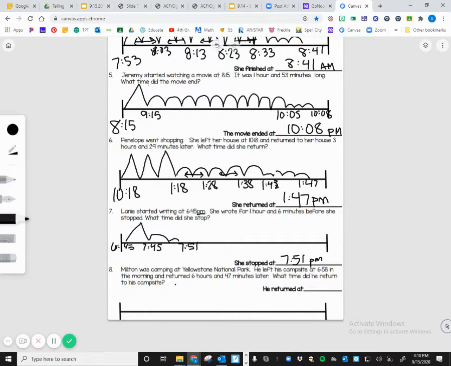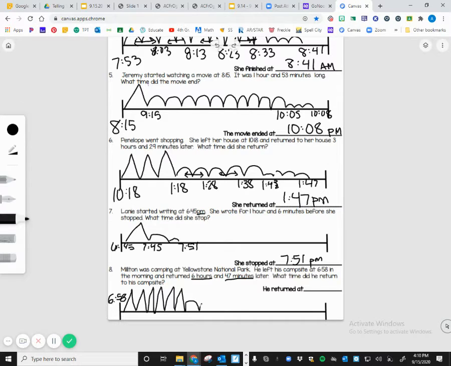All right, this time we've got Milton. He leaves at 6:58, so we have that weird grouping. So I'm going to make groups of 10 to help me. So I'm going to start with my 6 hours and 47 minutes. So 1, 2, 3, 4, 5, 6 hours. And let's go, I'll make that a little bigger.